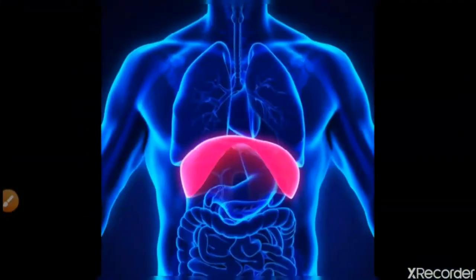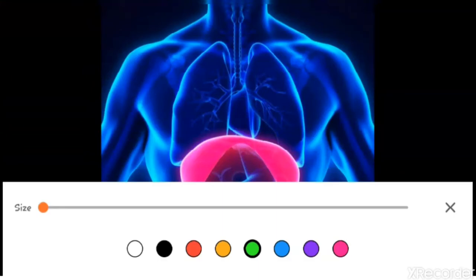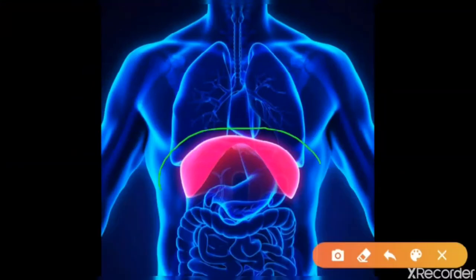You all can mark that this is the position of our diaphragm in the body. That means we can say that it is a part which is dividing the chest cavity and the internal organs, that means the upside and the downside. So this one is the middle one, this is the diaphragm part.